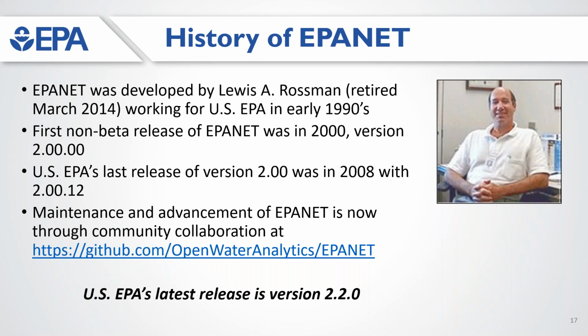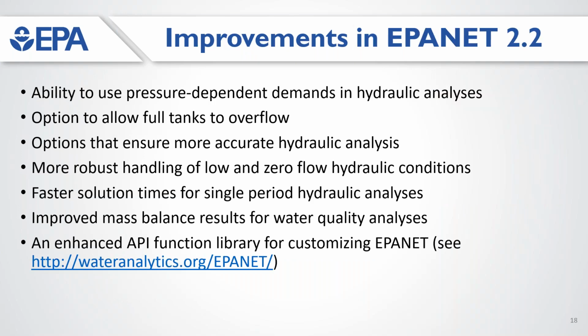However, maintenance and advancement of EPANET is currently developed through community collaborations at this website here, which is Open Water Analytics on the GitHub site. The US EPA's latest version is 2.2.0, and this was developed and made possible through the community collaborations with Open Water Analytics. Next slide, please.